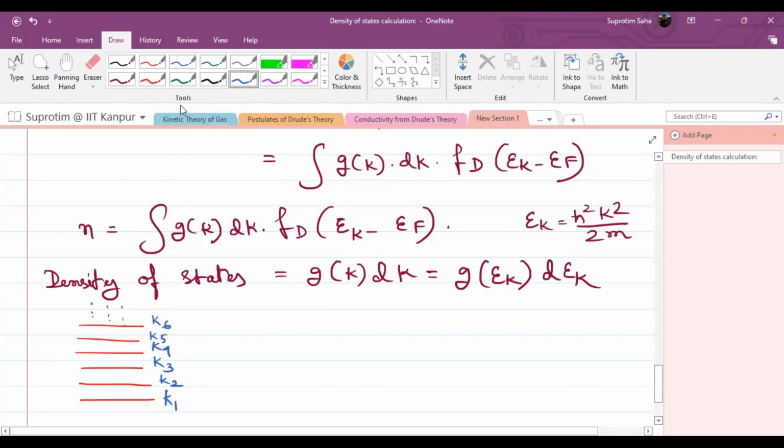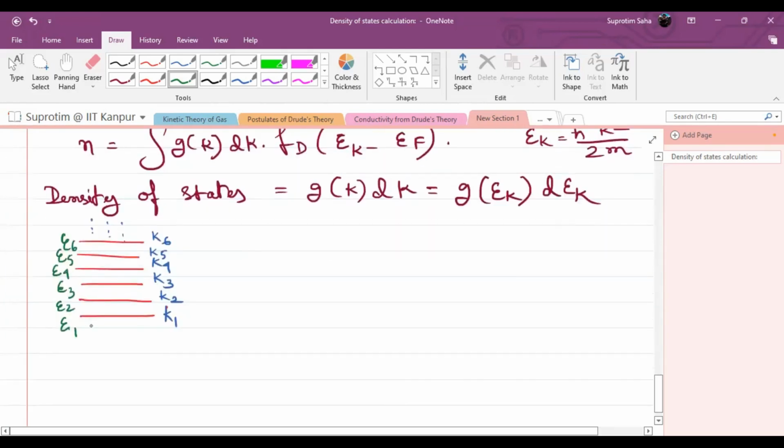On the other hand, you can also write it as e1, this is e2, this is e3, this is e4, this is e5, this is e6, and so on and so forth. So it doesn't matter what you are working with.